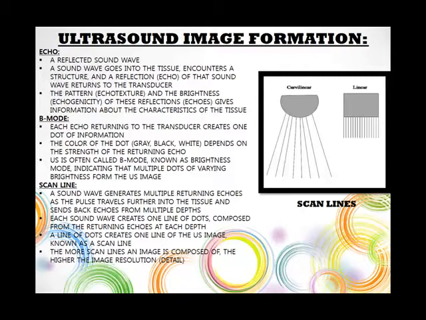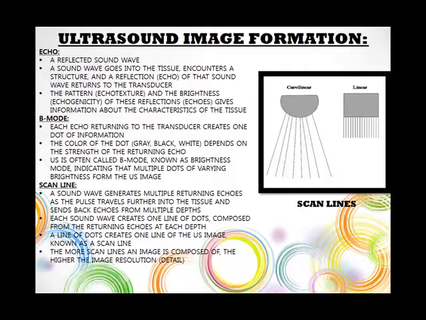So as the sound wave encounters a structure, part of the sound wave goes back to the transducer as an echo, and part of the sound wave keeps going deeper in the tissue until it encounters the next structure along its path, and another echo goes to the image.